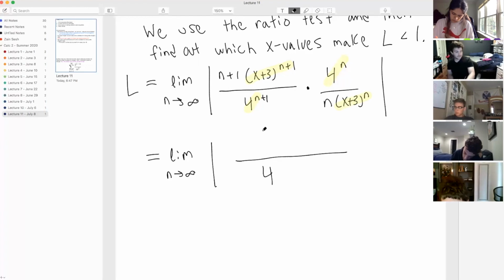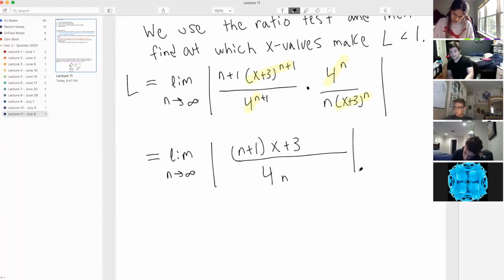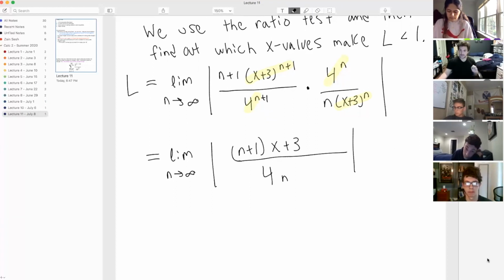So we are left with just n plus 1 times (x plus 3) over 4n. Any questions about these cancellations I've done? I'm just doing algebra at this point.